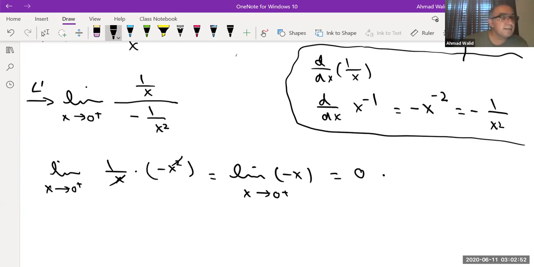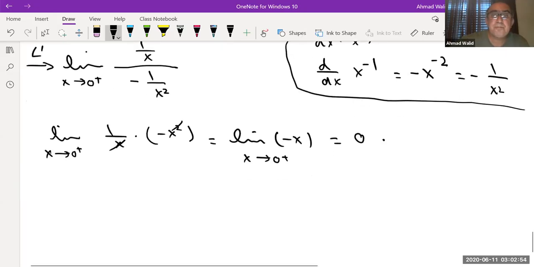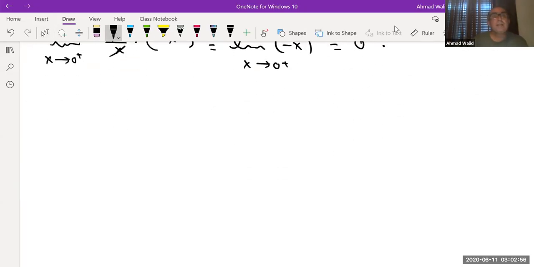Let's do one more example. Limit of x e to the -x as x approaches -infinity. Again, if you plug in infinity here, it gives you -infinity times e to the -infinity.